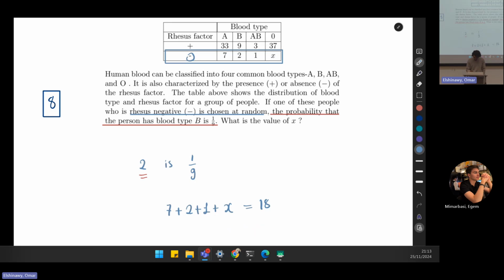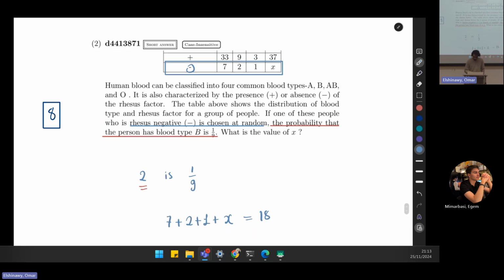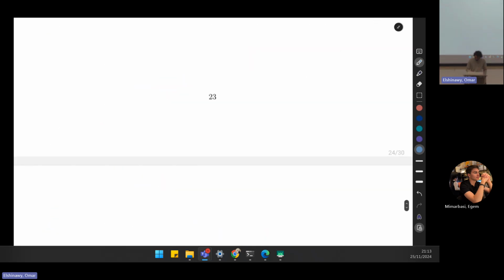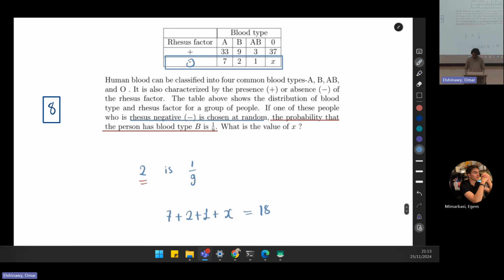So we're looking at this precondition, just like in the previous problem. We're only looking at this subset because we're not choosing someone from the whole pool of people, but we're looking at this subset. And then this 2 is 1/9.